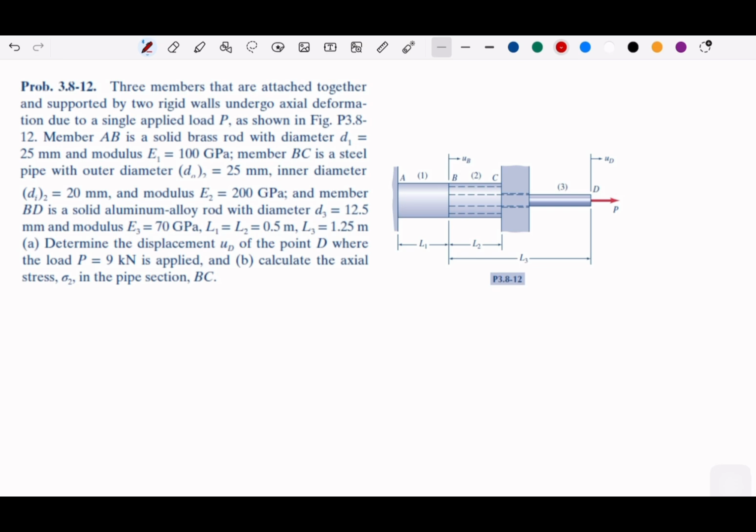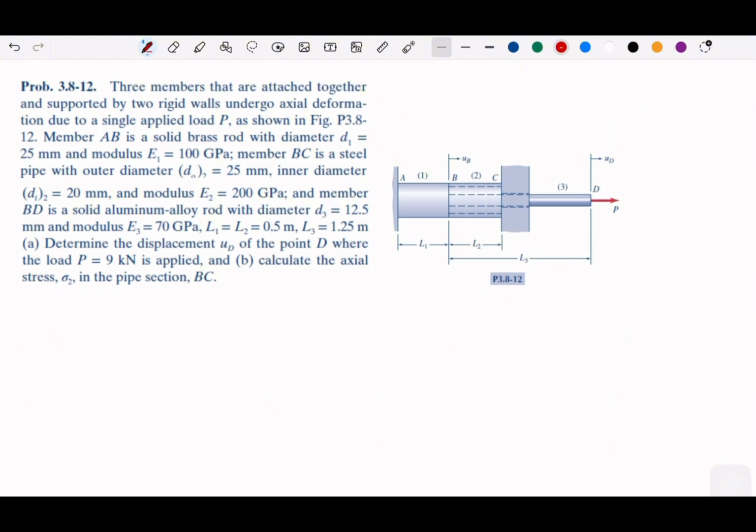question of these 3 members. They are attached together, supported by 2 rigid walls, and they are going to undergo the axial deformation due to the load P as shown in the figure.